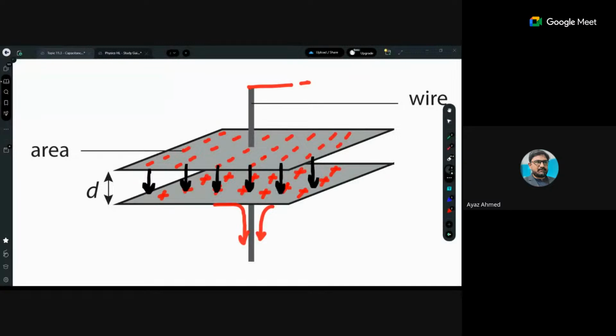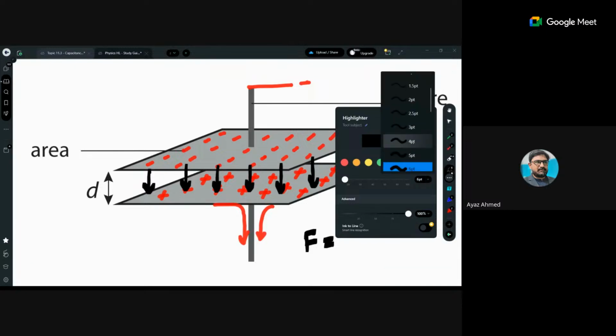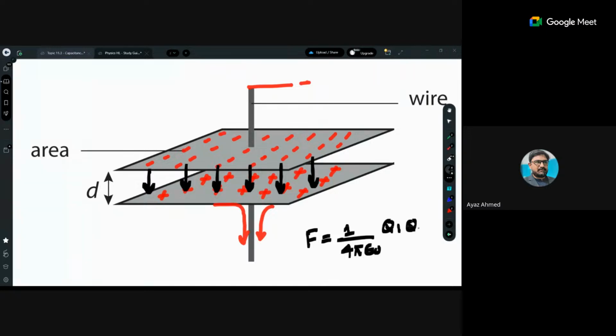So if these plates are kept closer, there would be more electrostatic force. You know this thing, that electrostatic force is 1 upon 4 pi epsilon naught, Q1 Q2 divided by R square.